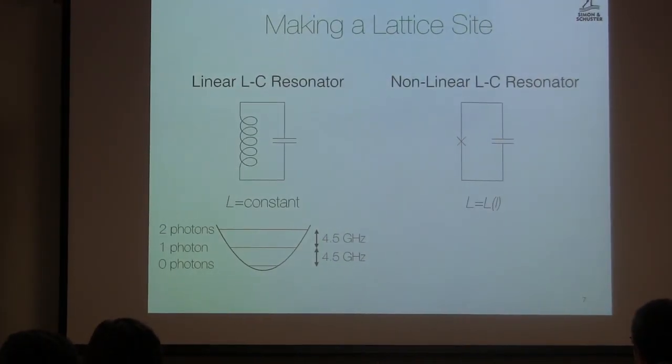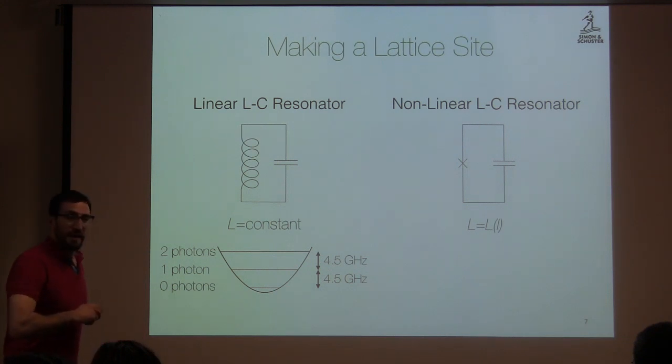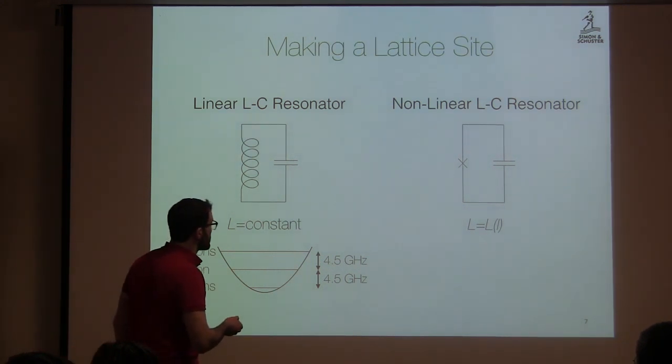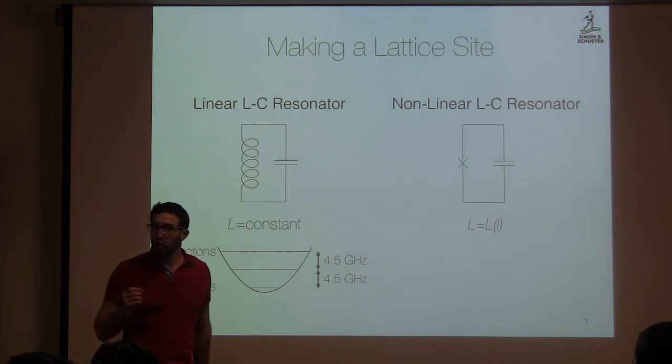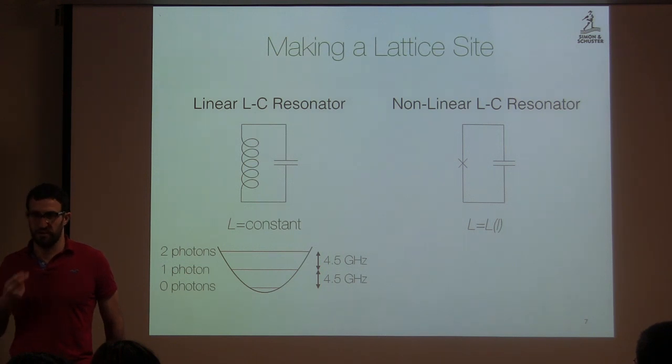So the picture you should have in mind is to replace this inductor with what's called a Josephson junction. For our purposes today, you should just think of this Josephson junction as an inductor whose inductance depends upon how much current is flowing through it.